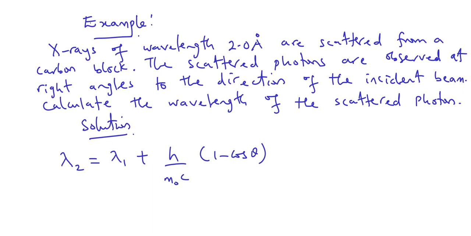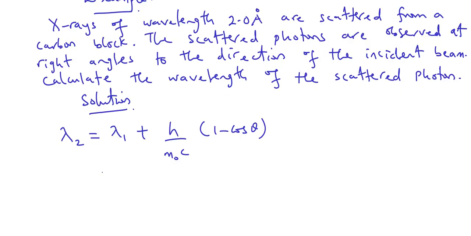We have already calculated h over m e c for the electron. So we can write this equation as lambda 2 equals lambda 1 plus lambda c, or lambda e, into bracket 1 minus cos theta.